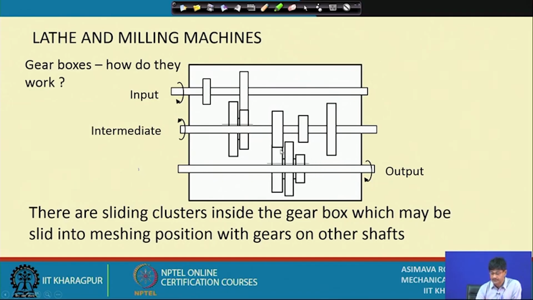This is the shift. It can be placed here or middle, or it can also be put in this contact. Once it is put at some position, we can leave it there, and it will maintain connection at that particular point. So, this is the way in which gearboxes operate.